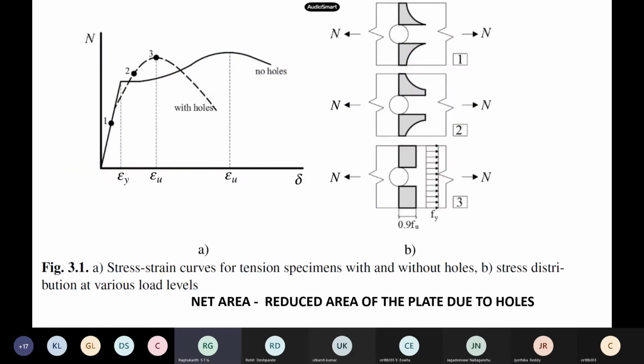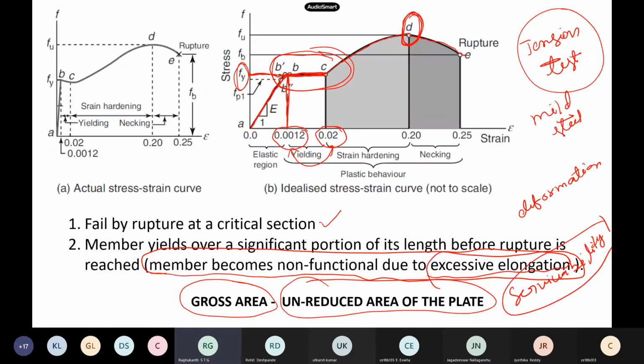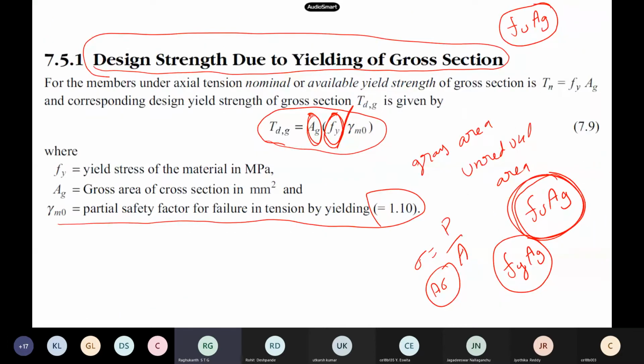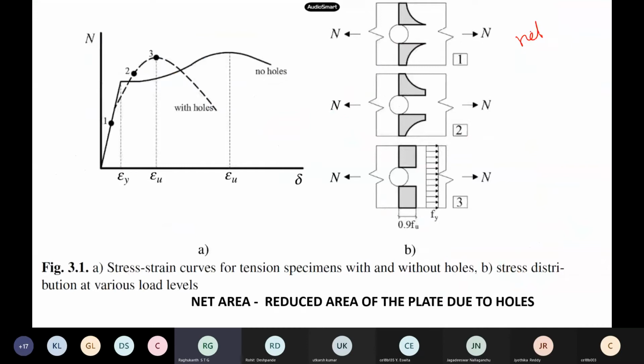Now we see the rupture, which is the second failure state, the net section rupture. This is also a very important criterion. Whenever you have a welded section there are no holes, but if it is a bolted connection you have to do the bolting.